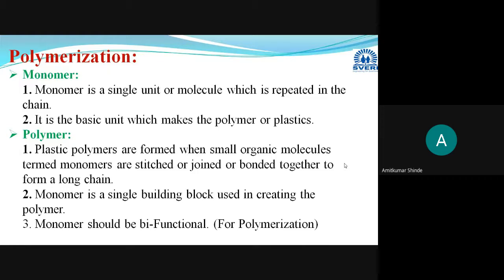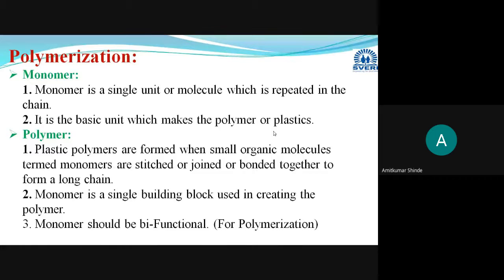Okay. So we will continue with the concept of the monomer now. You can go through the first point here. Monomer is a single unit or molecule which is repeated again and again in the chain. And the second point, it is the basic unit which makes the polymer or plastic. It is a basic unit and it is repeated again and again.